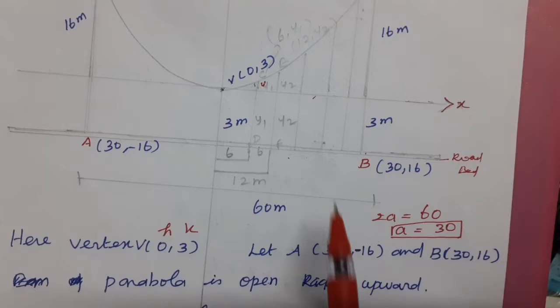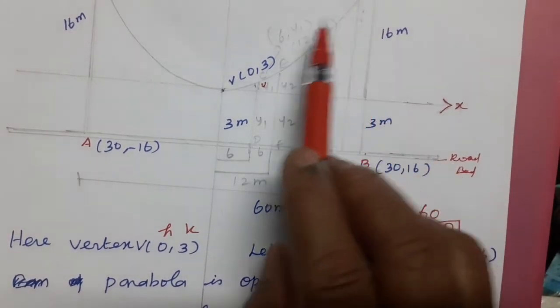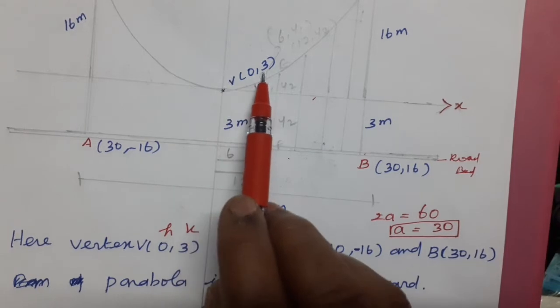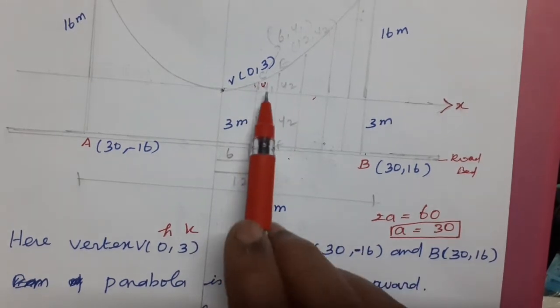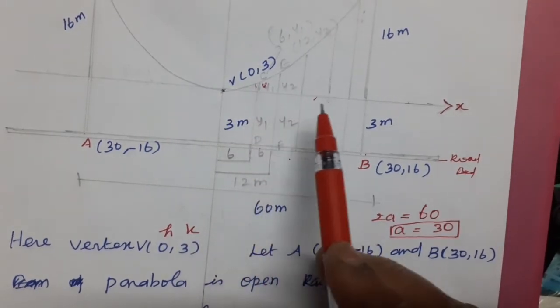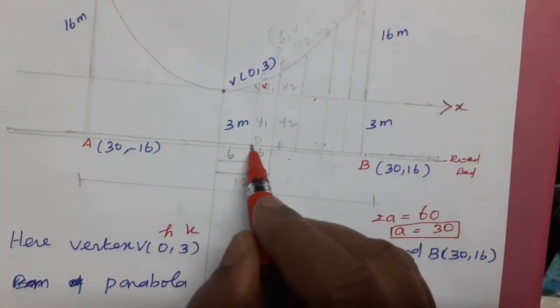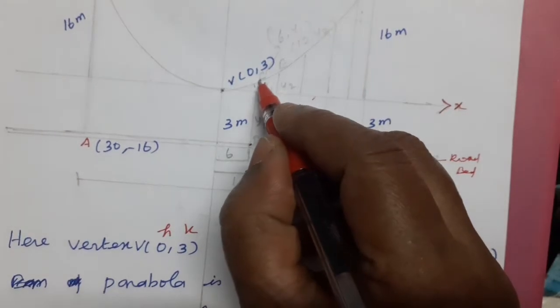See the diagram properly. This is the parabolic cable. From the roadbed to the vertex is 0, 3.